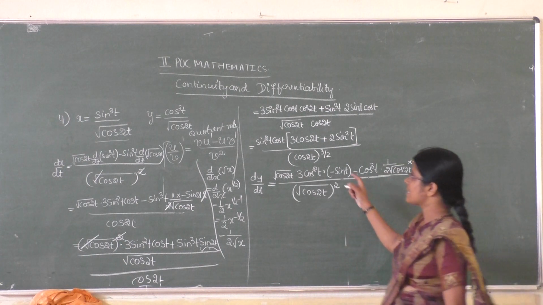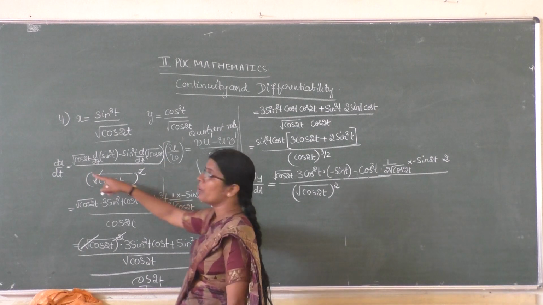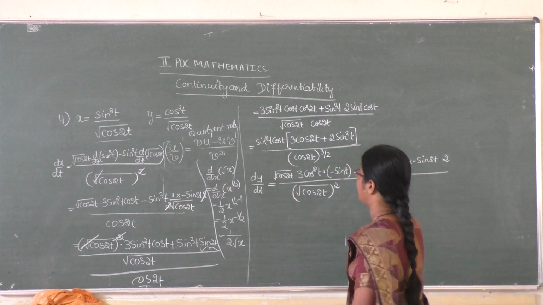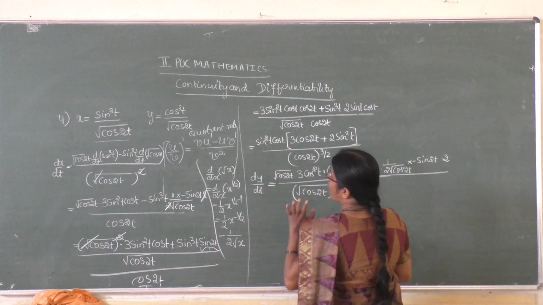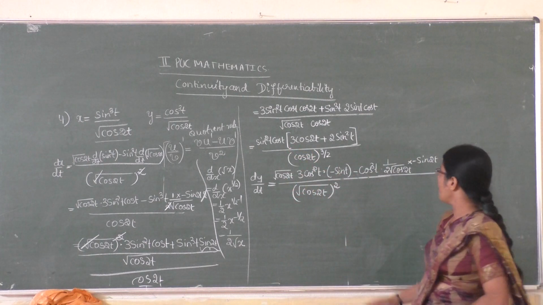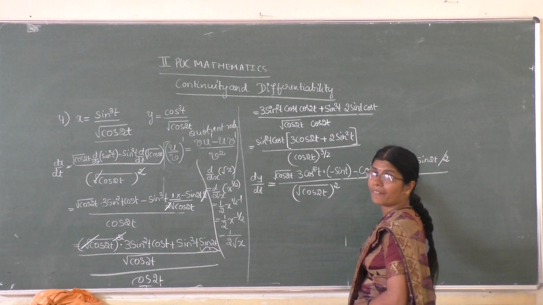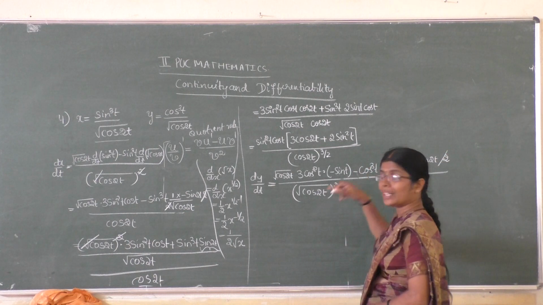Okay, so as in the previous, where we solved dx by dt, in the similar manner we take dy by dt. The function is only different here, we have cos cube t. Now what we do? 2 and 2 cancel. So here we have in the denominator, you take LCM.